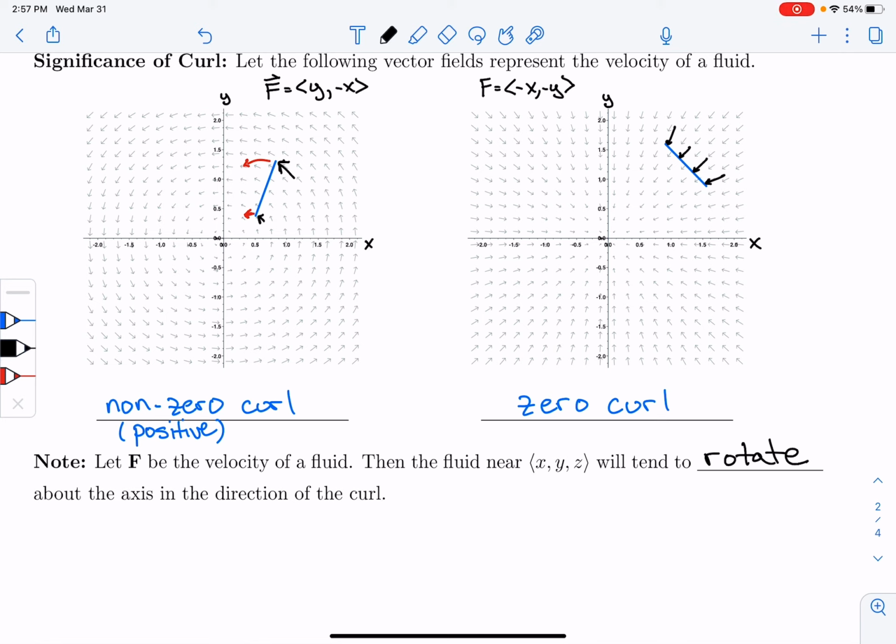That will represent the fact that the curl vector in this case is only going to be in the positive z direction. It's only going to have a positive k hat component. Okay, so the vector itself that you get from the curl is going to be the axis around which you see the fluid rotating.